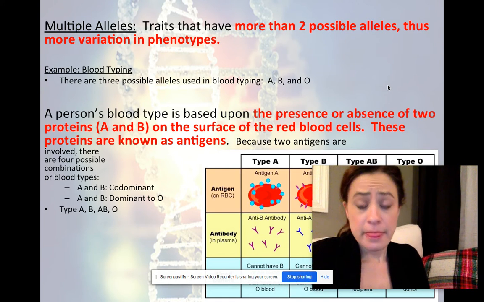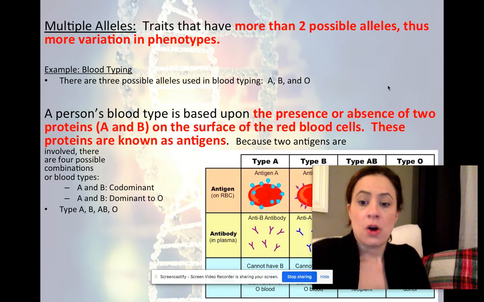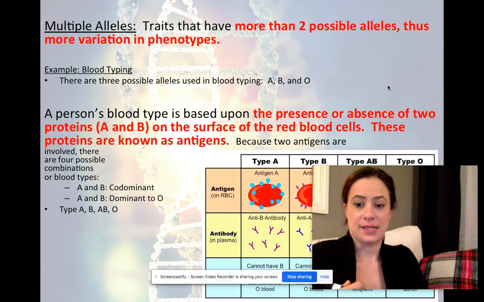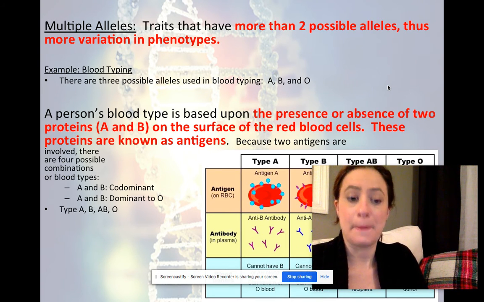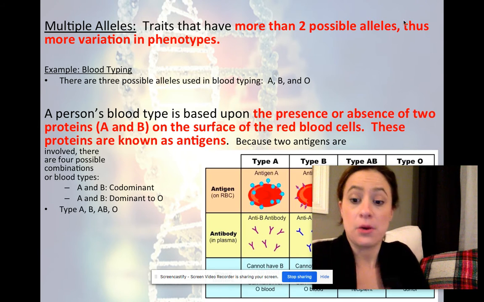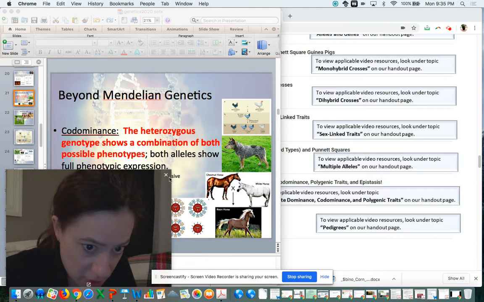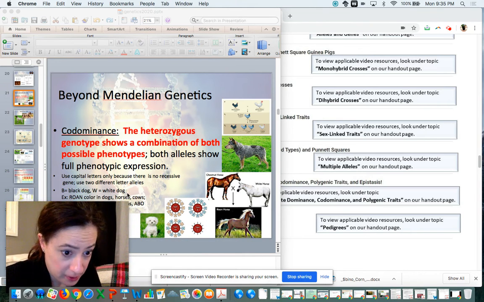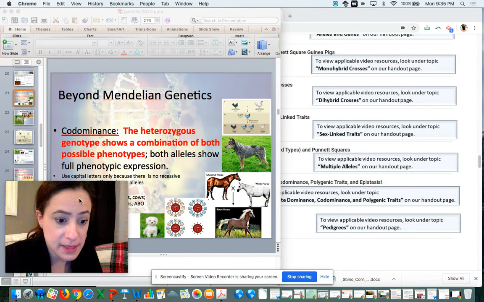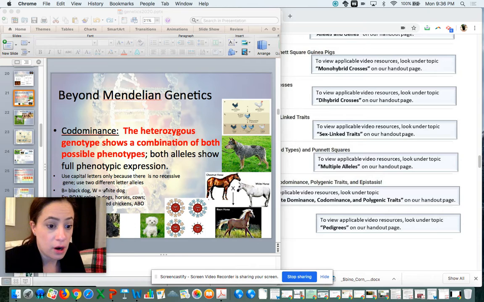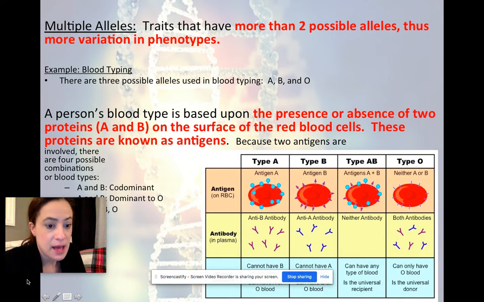Now, blood type also is inherited in a manner that is also codominant. So you may know your blood type, you may not know your blood type, but you are one of 4 blood types.